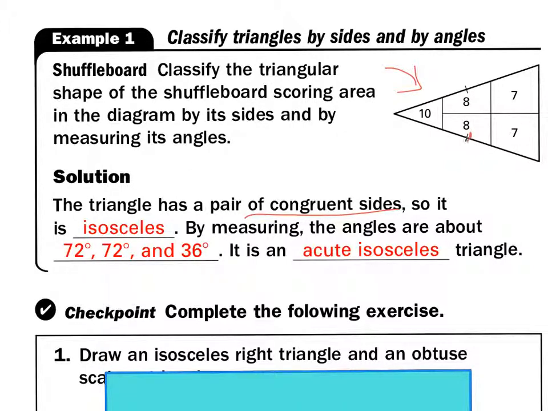So this side, notice that line there, that means these two are congruent. And if you measure the angles, you will find that these two angles are 72 degrees, and this angle is 36 degrees. So this is acute, right? All three of them are less than 90 degrees.